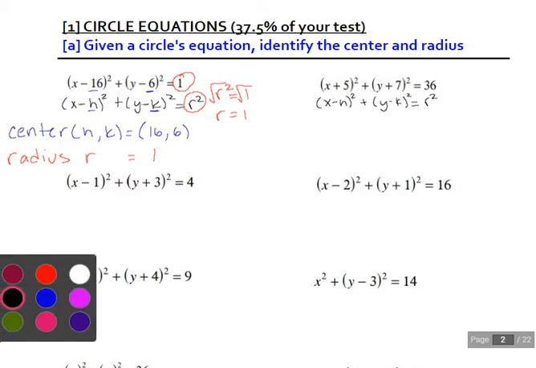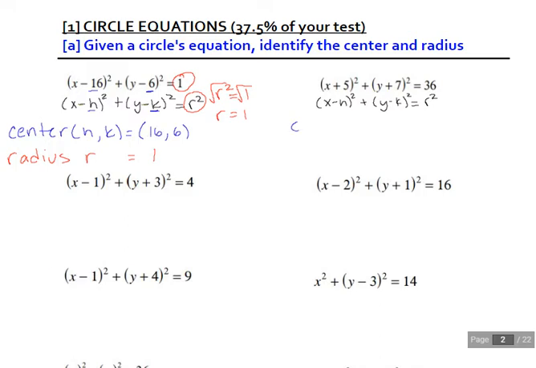All right, so we have the center, which is (h, k). And again, here we see the h is now a plus 5. Well, we have a subtraction from the formula, and it changes to a positive number, and so that means our h value has to be negative 5.